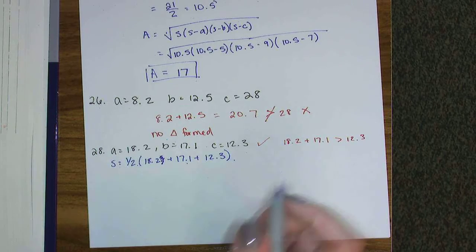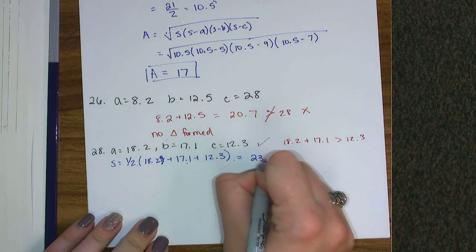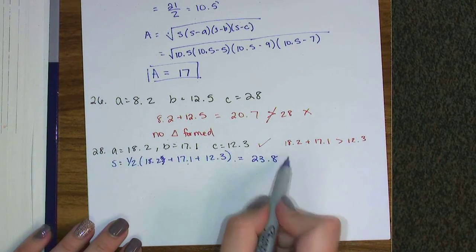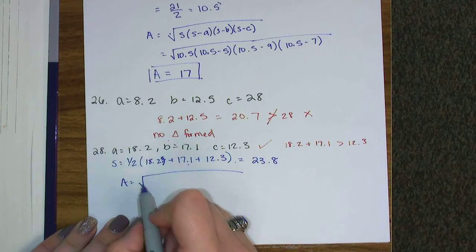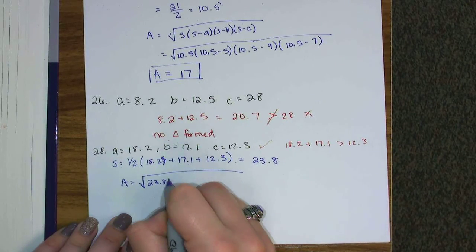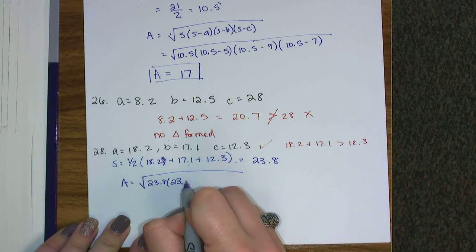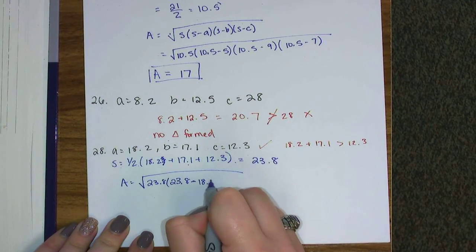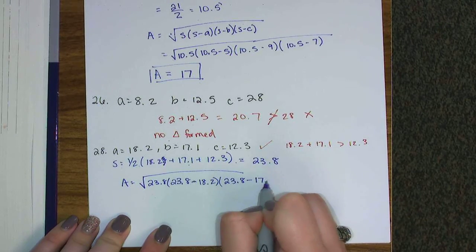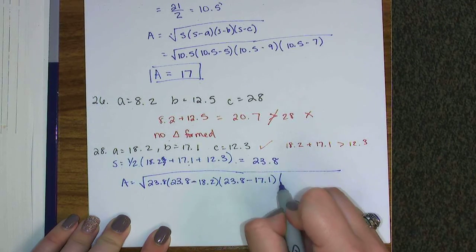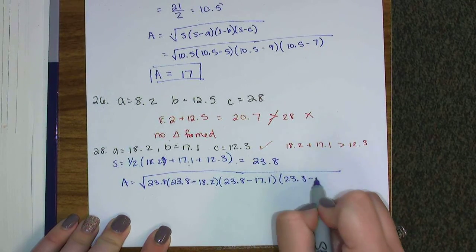So this comes out to be 23.8, so that's the number I'll be using. So now area is equal to the square root of S, which is 23.8, times (23.8 minus A, which is 18.2), times (23.8 minus 17.1), times (23.8 minus 12.3).